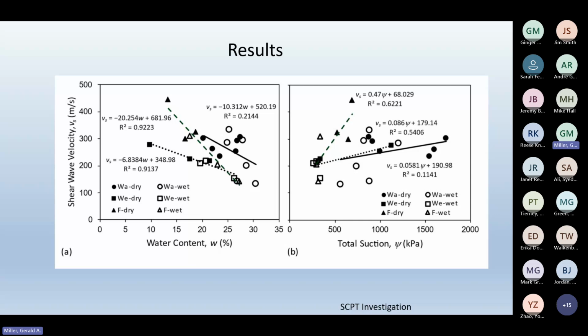You know, it's empirical and it's highly uncertain, but it gives you a tool to think about this problem. And as we collect more data, our correlations will be better refined, and you can create your own.